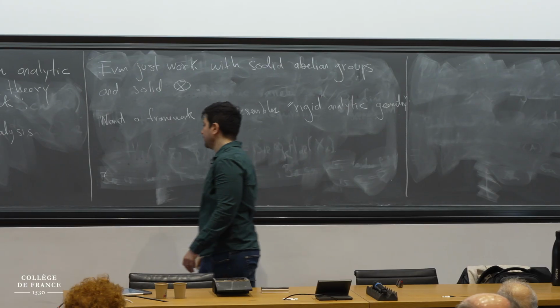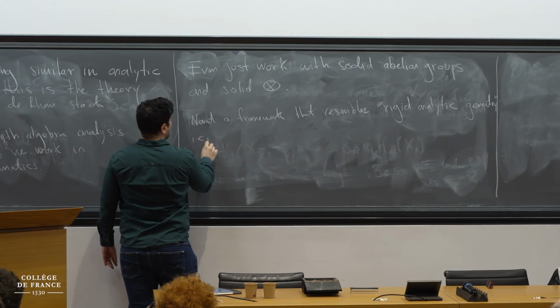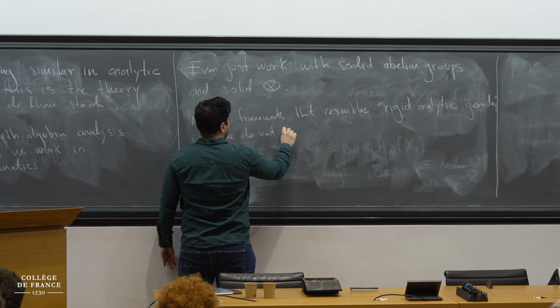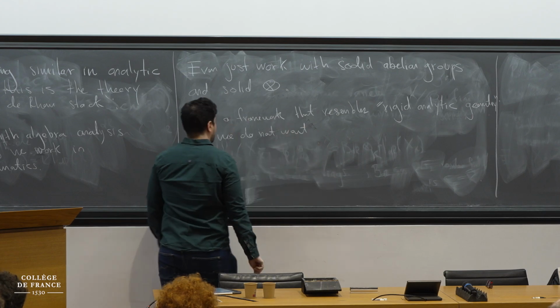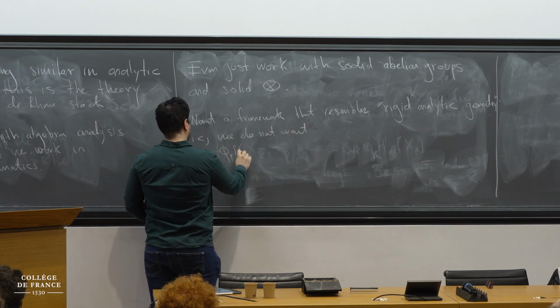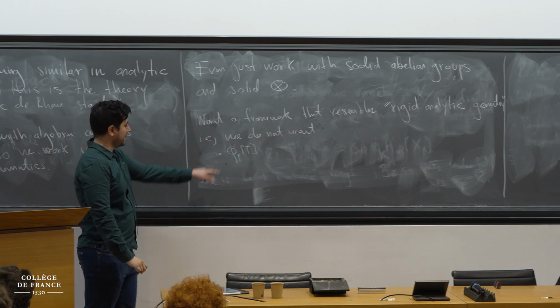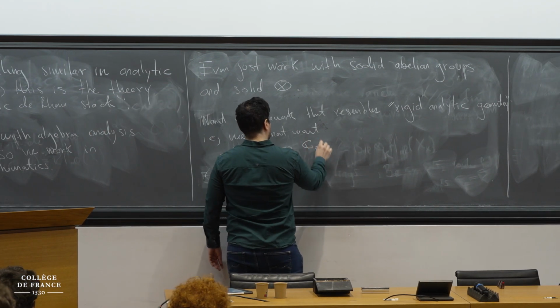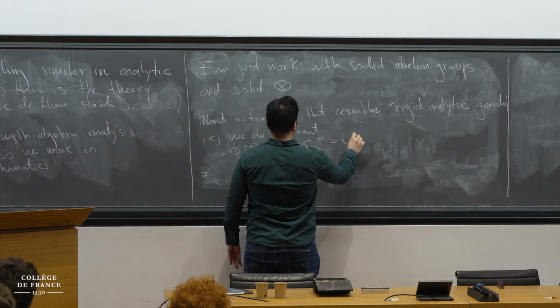So for example, we do not want to have something like Q_p[T], a polynomial algebra, but instead we would like to have just an analytic affine line, which ought to be some kind of union of disks.